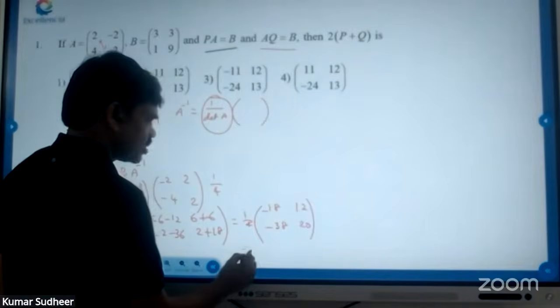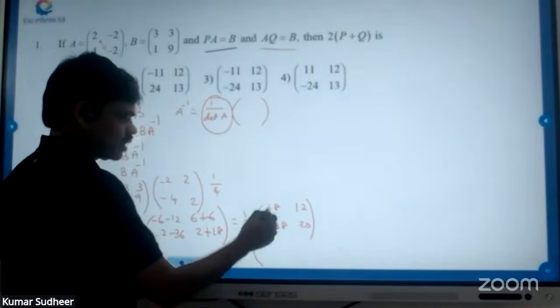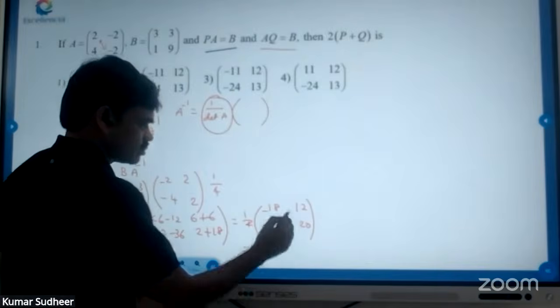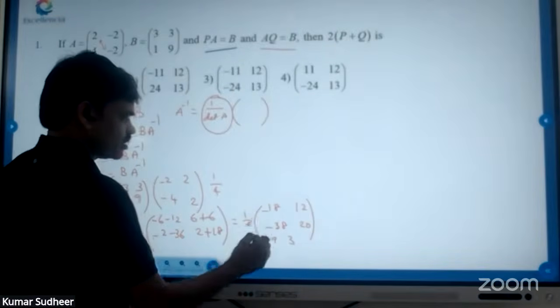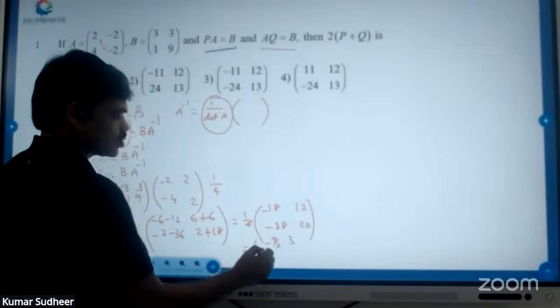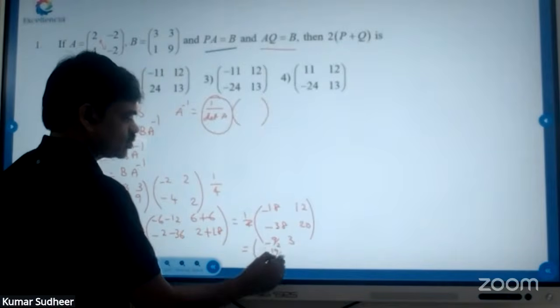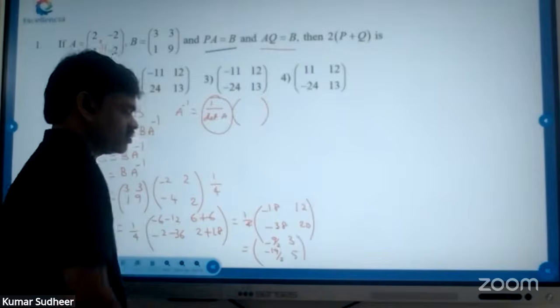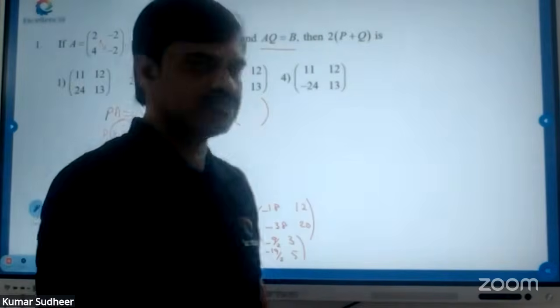If we divide by 4, it becomes minus 18 by 4, minus 9 by 2, 3, minus 19 by 2, and 5. So we got the matrix P.